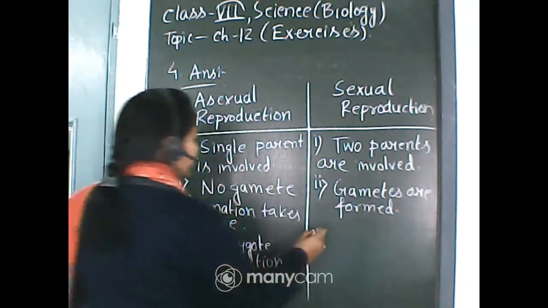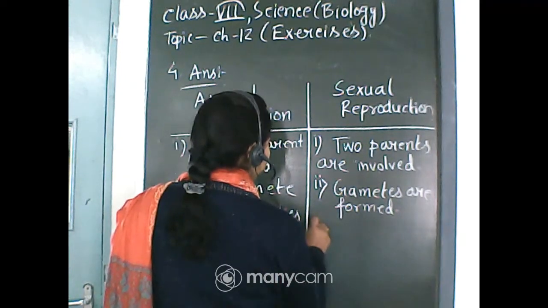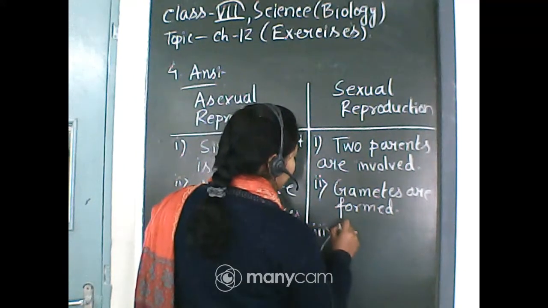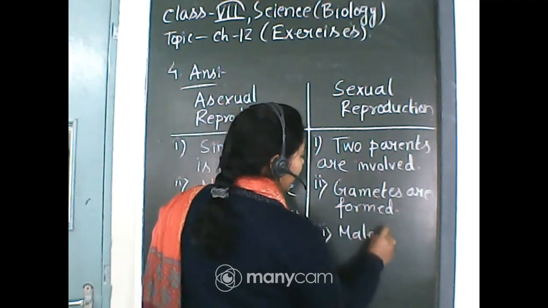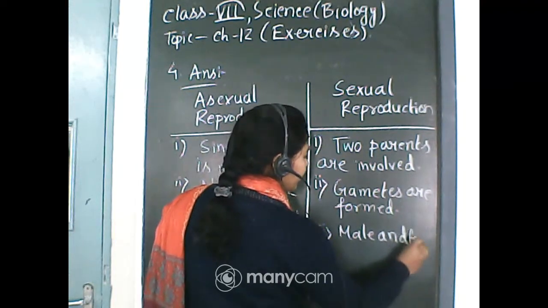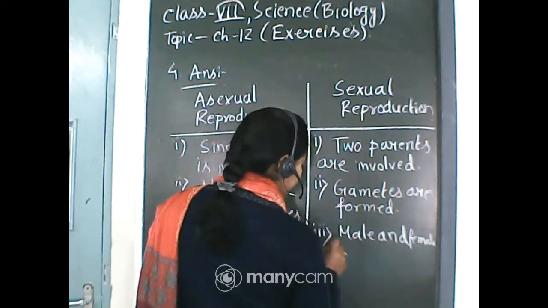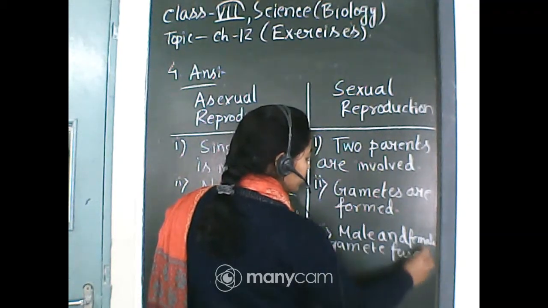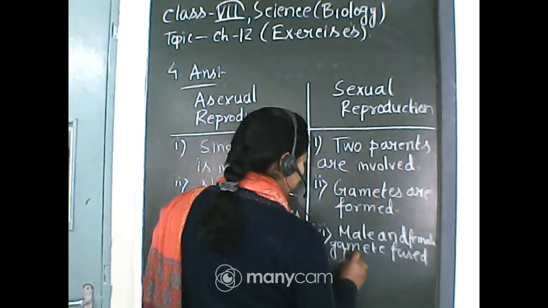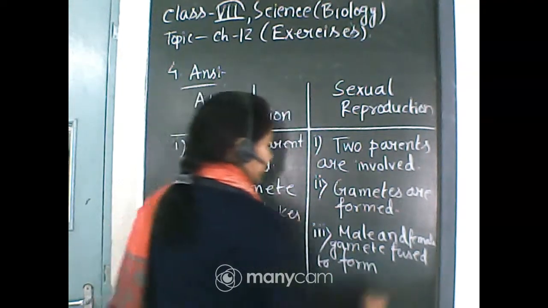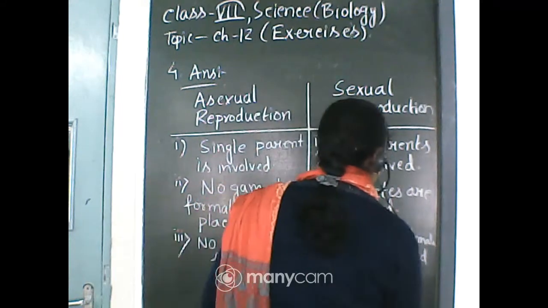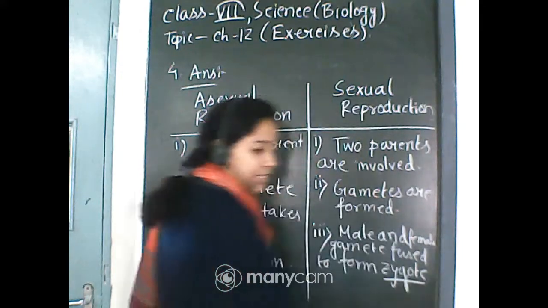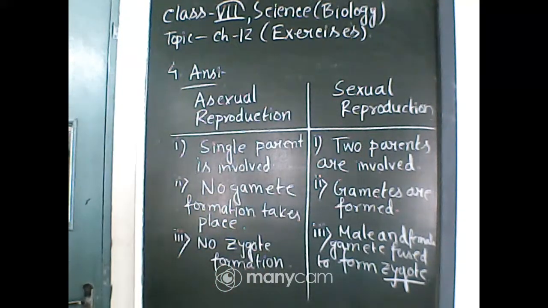On the contrary, in case of sexual reproduction, you can write that male and female gametes fuse to form a zygote. So this is the basic difference up to these three points.